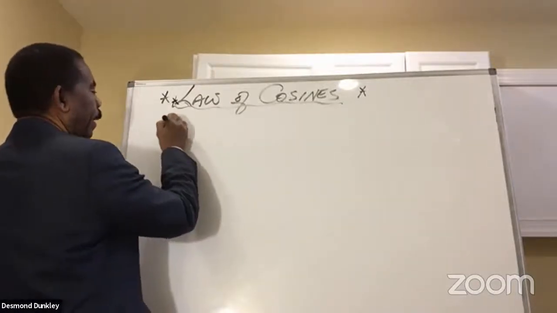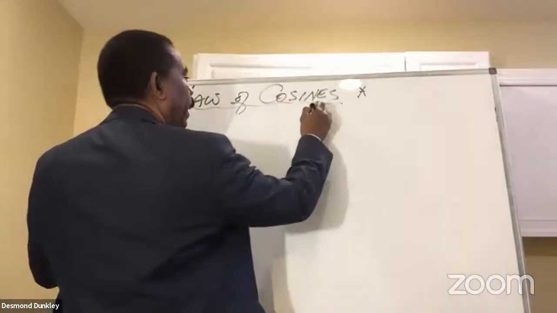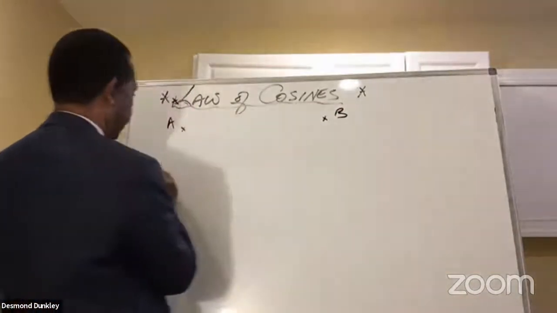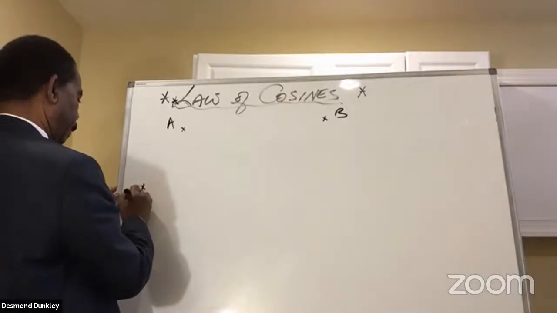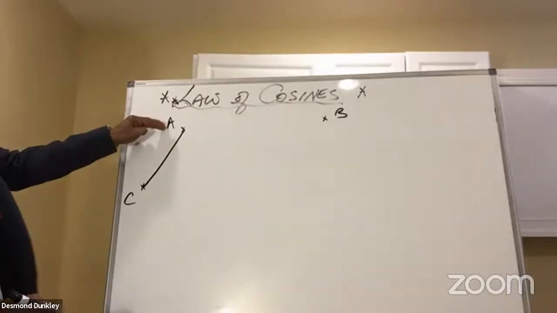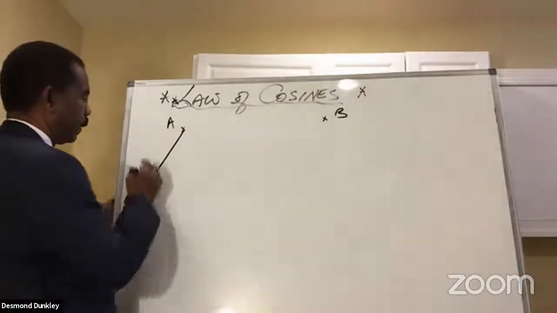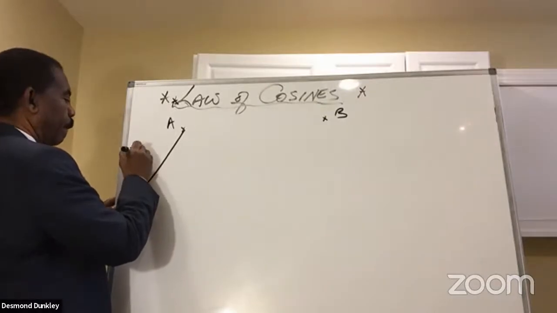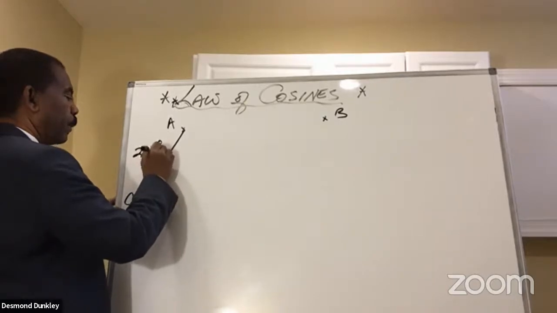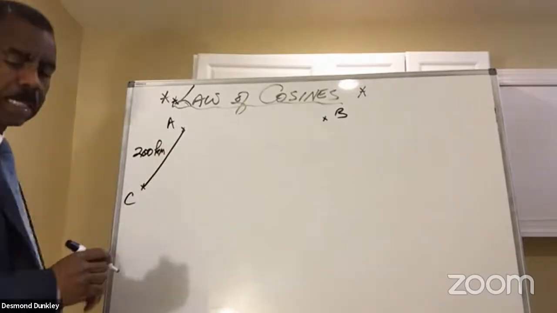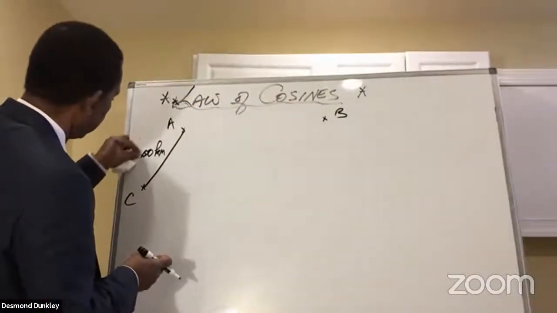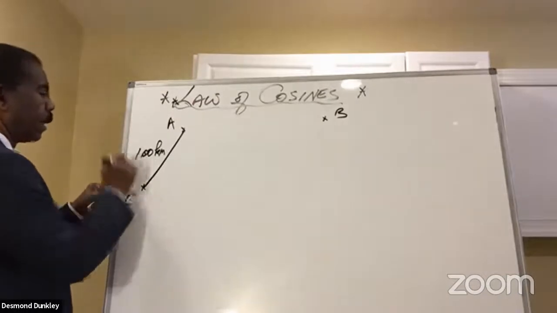Boat A, boat B, and boat C. The distance from A to C is 100 kilometers.